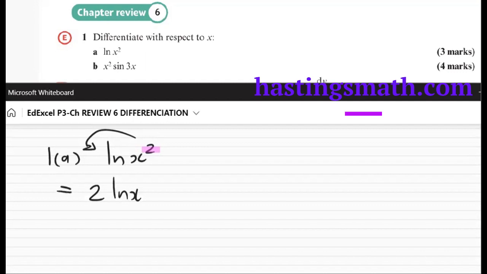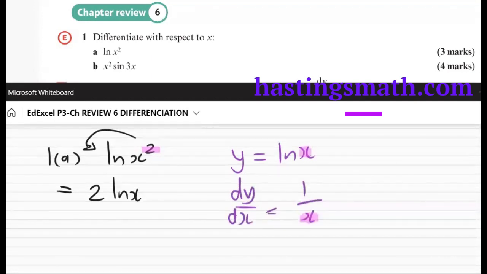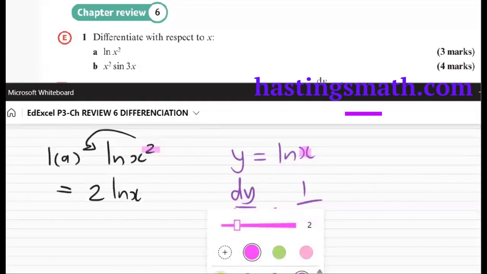And the second thing that I would notice is the rule: if you have y equal to ln x, then your dy dx, your first derivative, is 1 over x. Okay, so we can use this rule, and when you apply this rule, the a value stays the same.